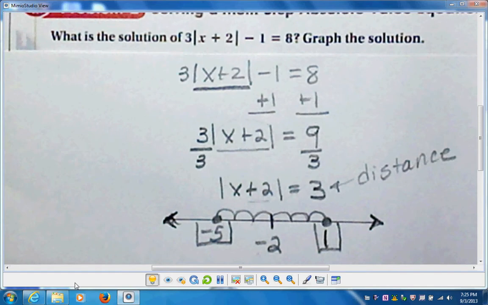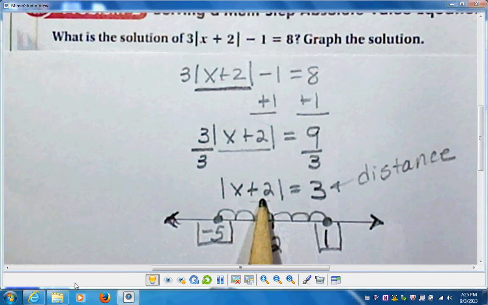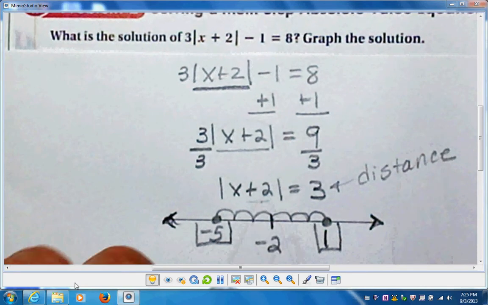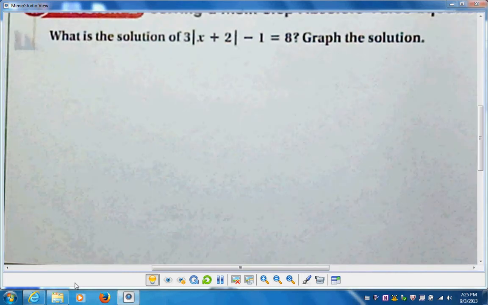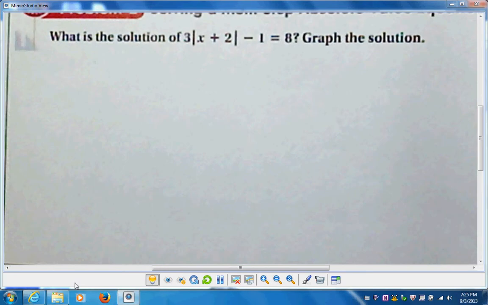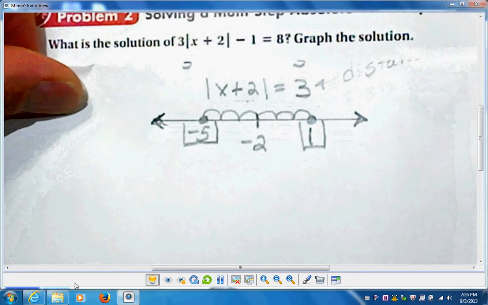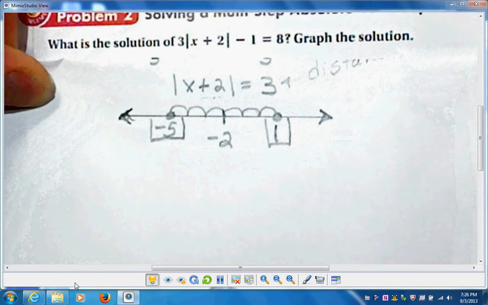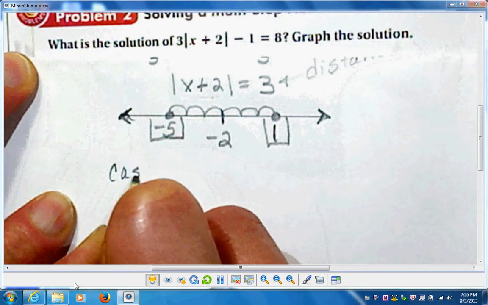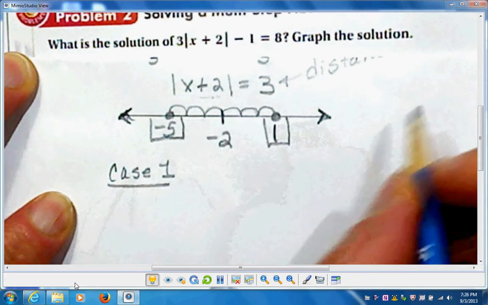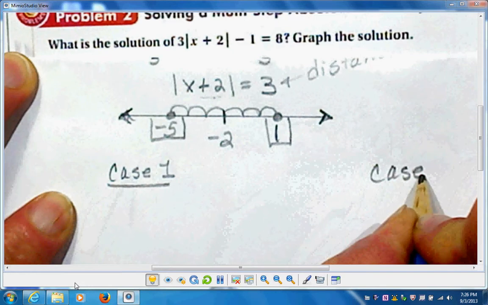Okay, so let's go ahead and let's solve this in its two cases. But first I want to emphasize, notice I had to get my absolute value by itself first. Okay, so I'm going to go ahead and fold my paper so that I'm only showing this equation, because that's what we solved this one here on the top to be. Okay, so now I'm going to have case 1, and I'm going to have case 2.